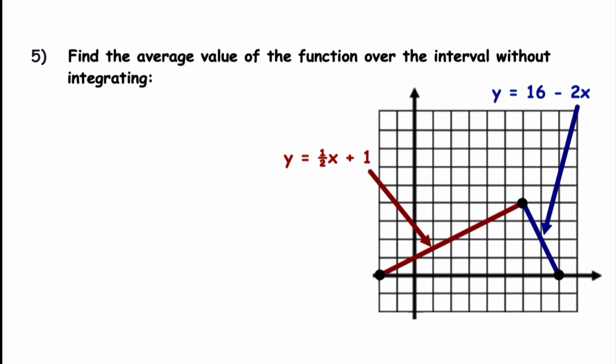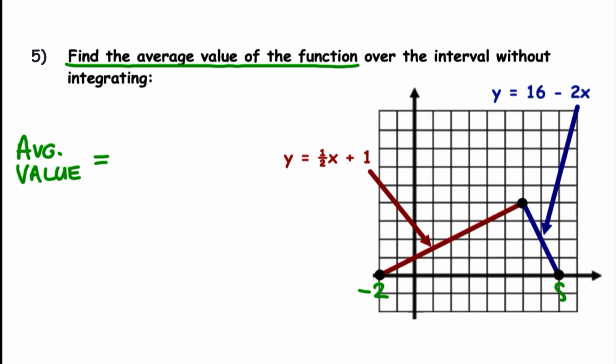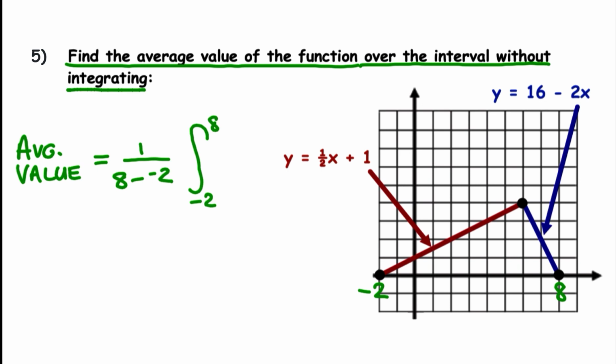All right, let's see. It says find the average value of the function. I'm so good at average value. Here, let me just get rolling here. So my A is -2, my B is going to be 1, 2, 3, 4, 5, 6, 7, 8. All right, let's see. Find the average value of the function over the given interval. Ooh.